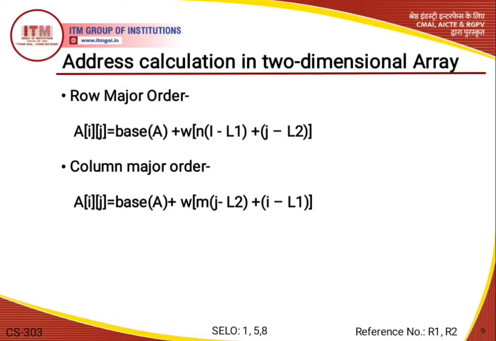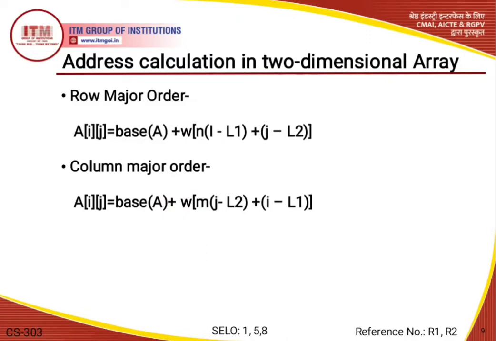Here the array is an m into n matrix, L1 is the lower bound of row, and L2 is the lower bound for column. And again here W represents the word size, as in the one-dimensional array.